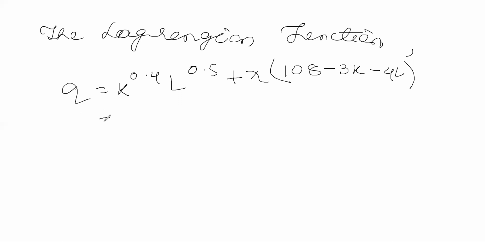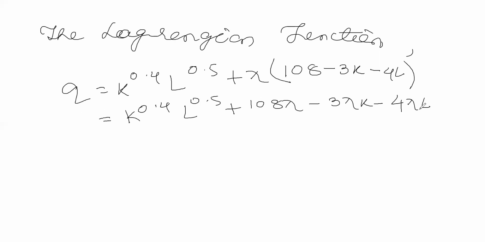Now let's elaborate it a little more. So K to the power 0.4 and L to the power 0.5 plus 108 lambda minus 3 lambda K minus 4 lambda L. Now let's differentiate it with respect to K, which is 0.4 K, and from the power of K we will subtract 1, and L will remain as it is.